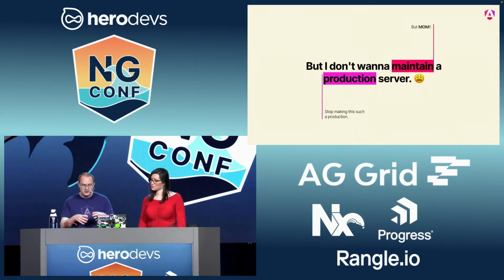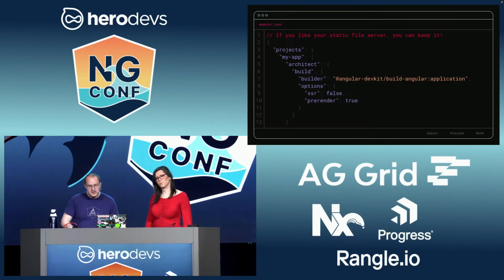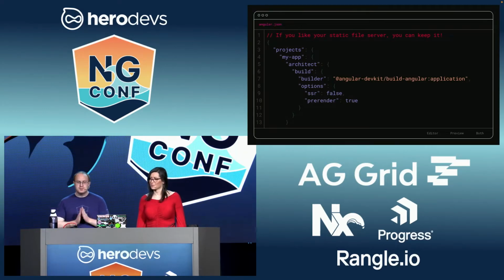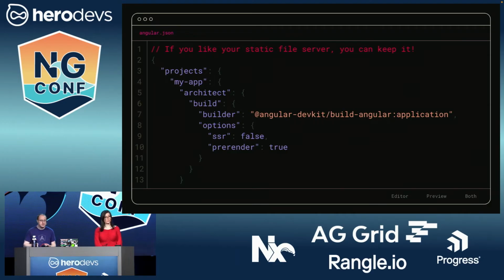But beyond that, Angular does have 2 easy solutions to allow you to avoid having to manage your own server here. First, you can kind of go serverless. You can configure Application Builder to pre-render all of your routes at build time, but disable server-side rendering. This way, you actually don't have any server to run. When you ng-build, there's no server there.